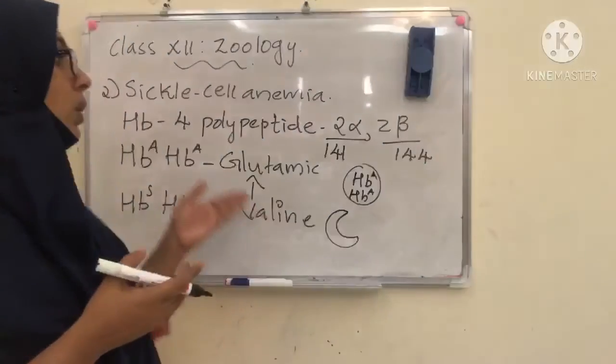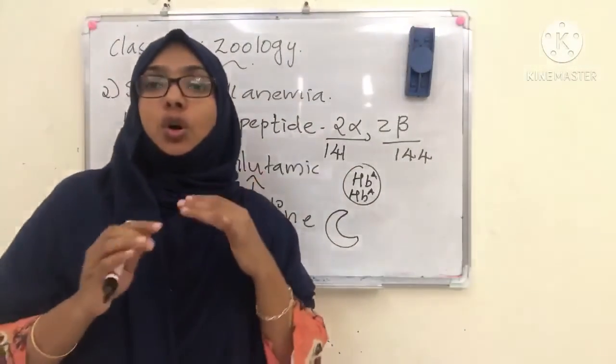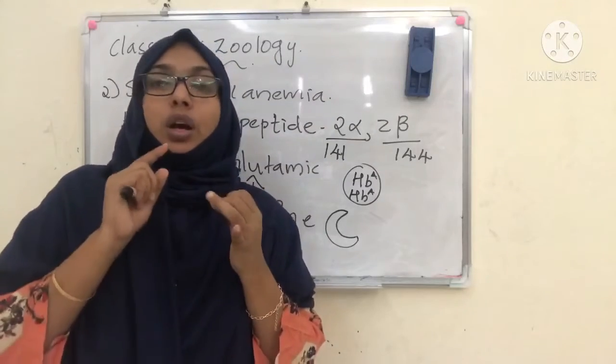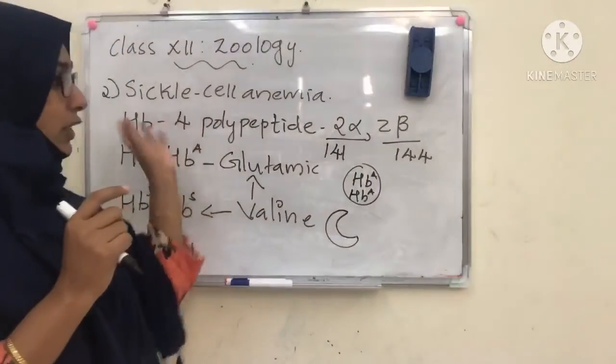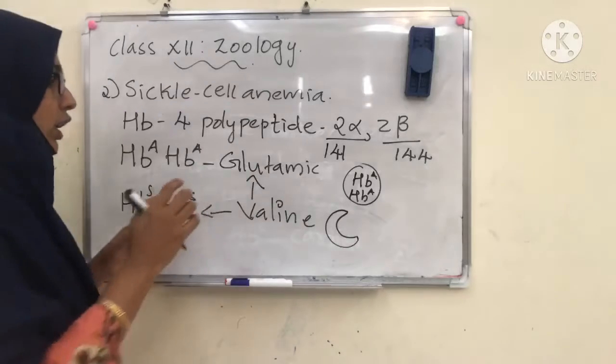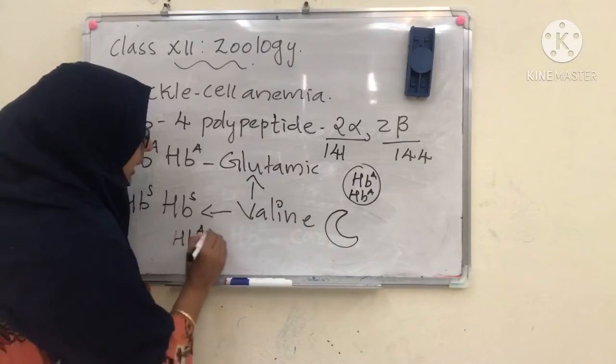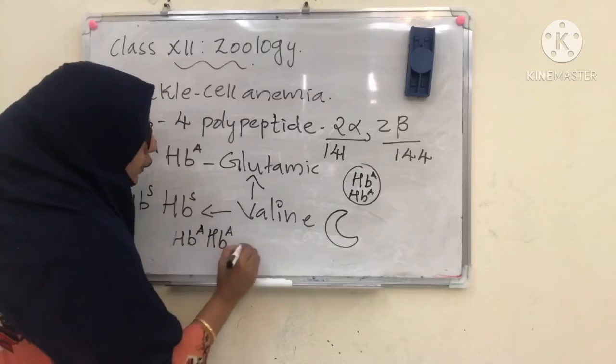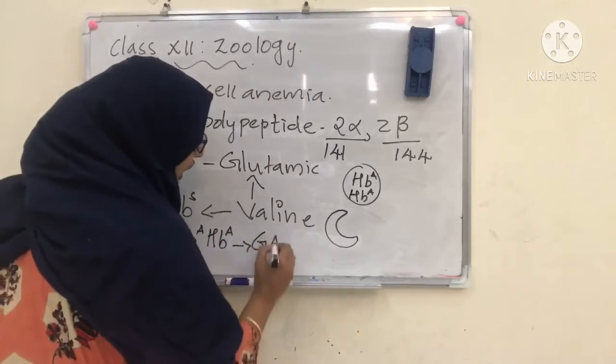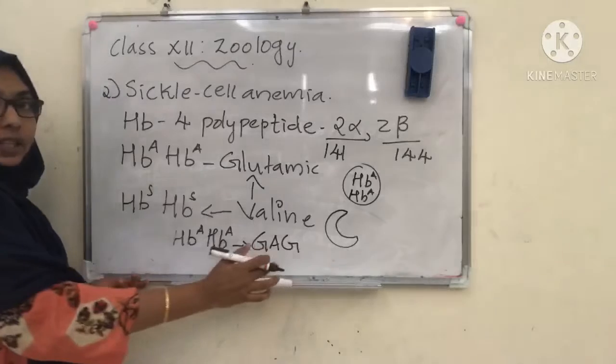Okay, so you have to know what change is occurring instead of this glutamic acid. Say normal HBA codes for glutamic acid. Their chain will be coding for this GAG.